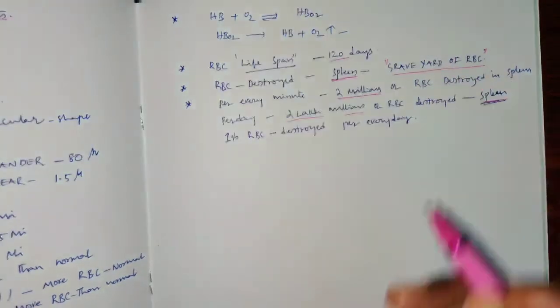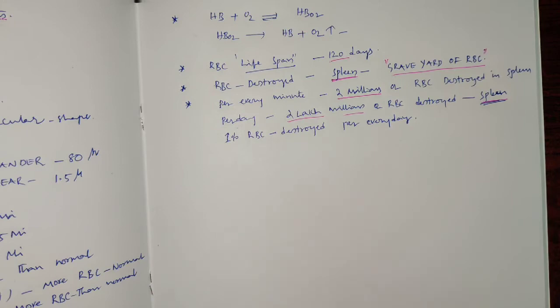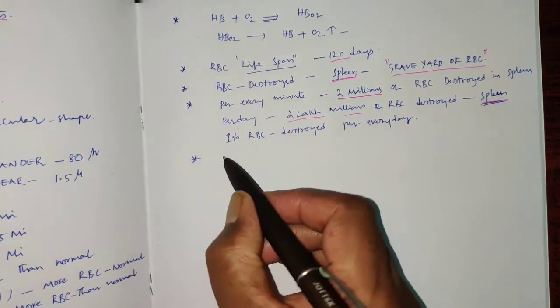They live for 120 days, and new RBCs are produced.